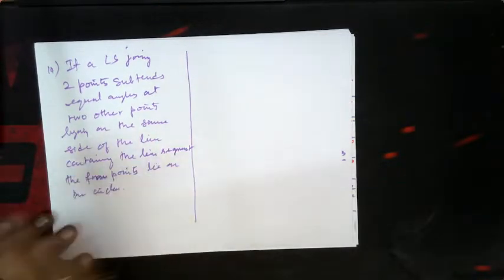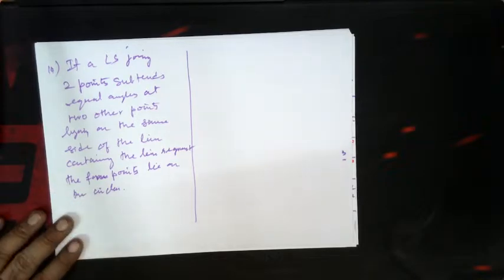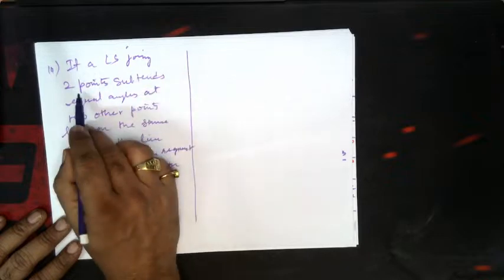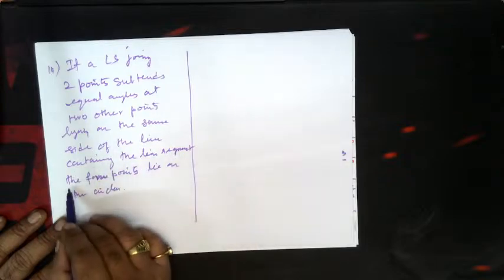So do you understand this concept? Can anyone draw this? If a line segment joining 2 points subtends equal angles at 2 other points lying on the same side of the line containing the line segment, the 4 points lie on the circle.